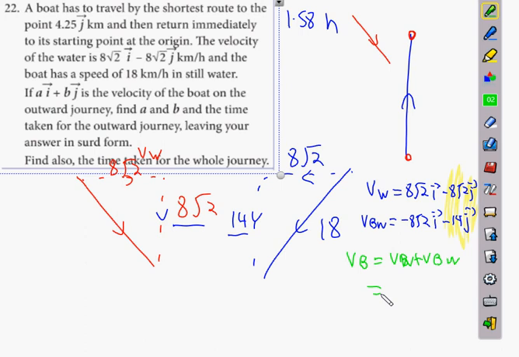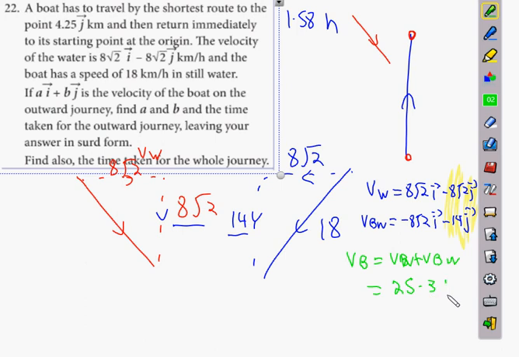Add them together. So what's 14 plus 8 root 2? Decimal form, please. 25.31. Yeah, that's 25.31.